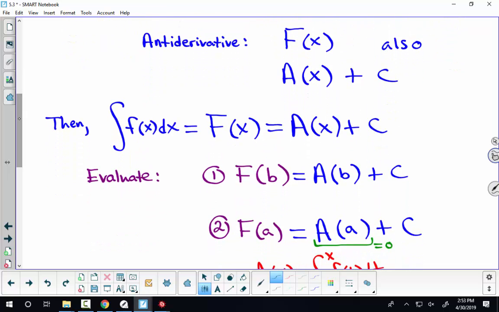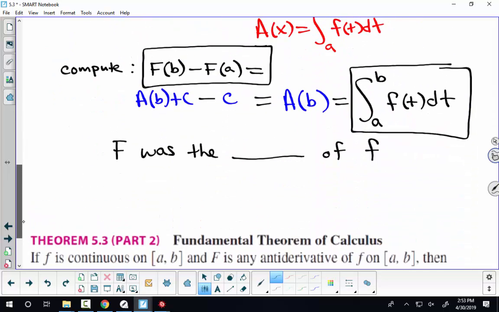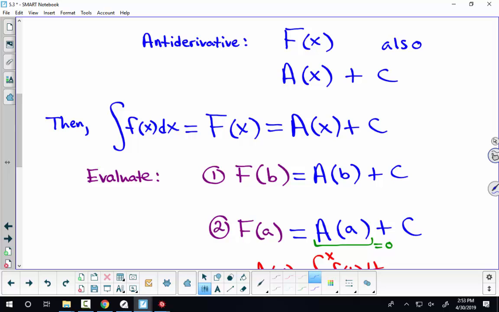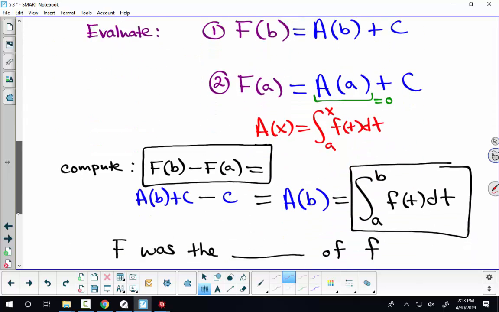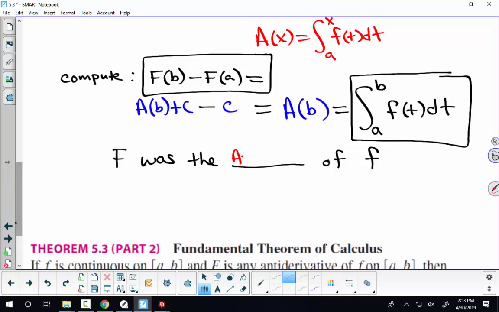So lowercase f was the function. We just chose a random antiderivative as capital F. So capital F was the antiderivative of f.